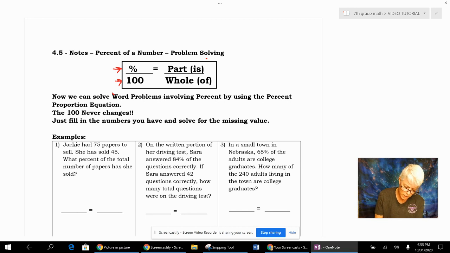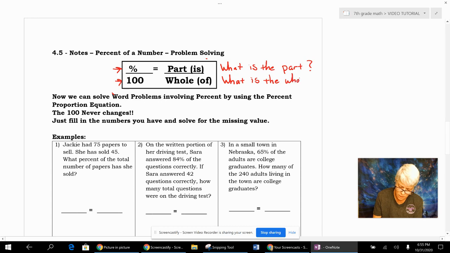So the big question is, what is the part? And what is the whole? So when you're reading these questions, you'll have to ask yourself, is this the part or is this the whole?